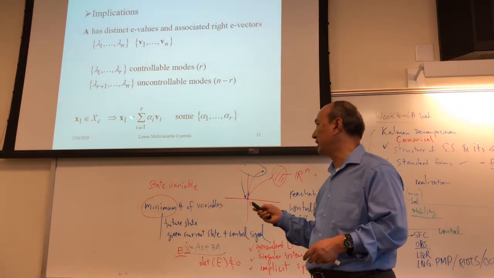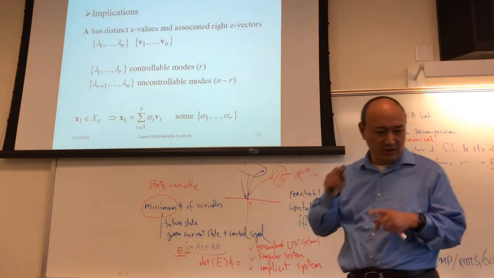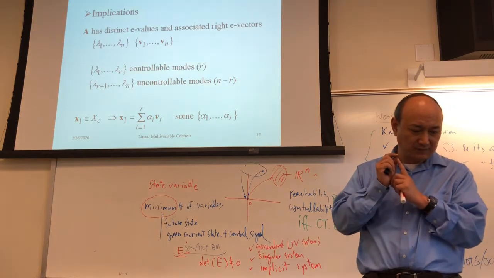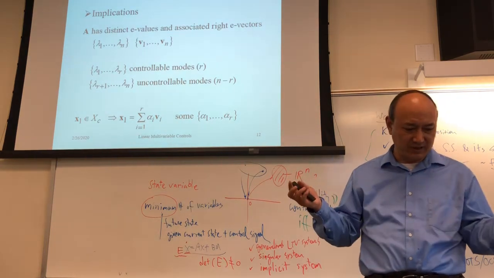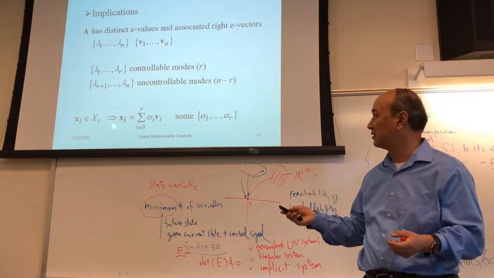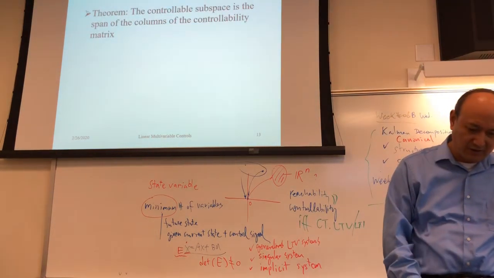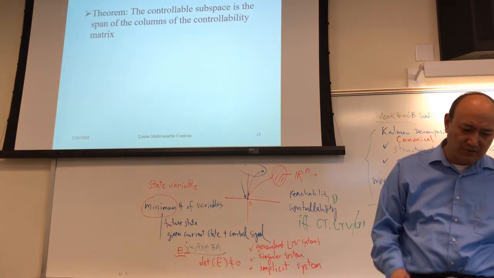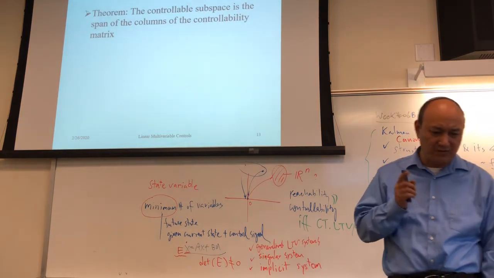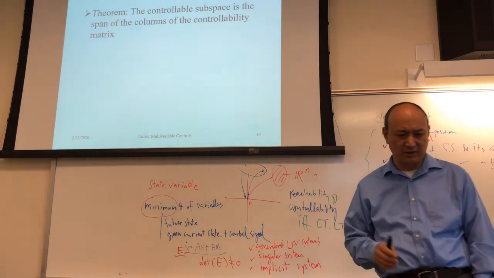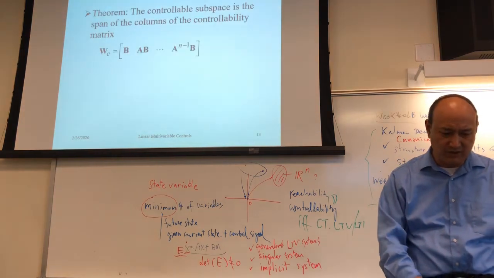This is called a span space for X1. So X1 will span a subspace of XC. This is called the controllable subspace. So here is the theorem: the controllable subspace is spanned by the columns of the controllability matrix, which is WC.